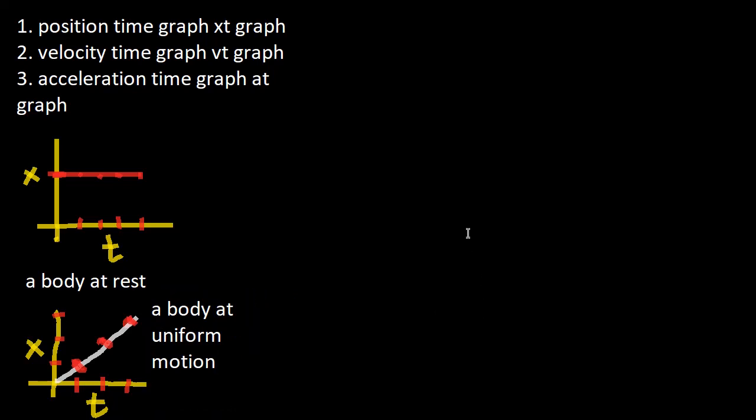We have some other types of xt graphs also, and another type of xt graph is like this. We have the x on the y axis and t on the x axis as usual, and now suppose the body is not moving with uniform motion, rather it is moving with non-uniform motion.